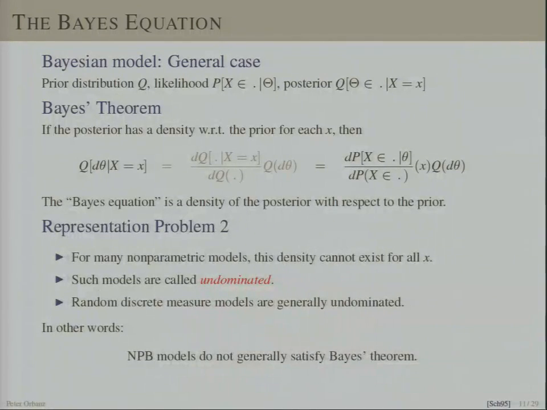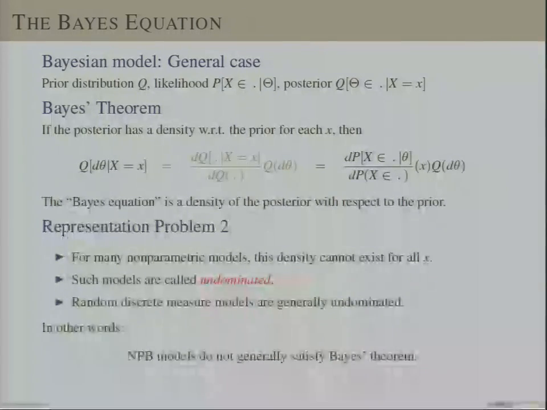And that is simply what we would like to compute. Bayes' theorem tells us this density has a specific form, and it is given by the density of the likelihood with respect to the evidence. So that is this quotient that we get in Bayes' theorem.